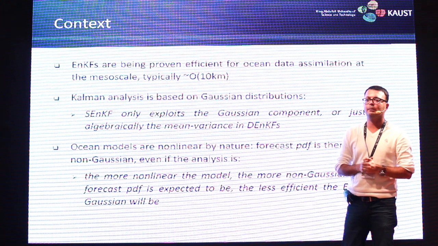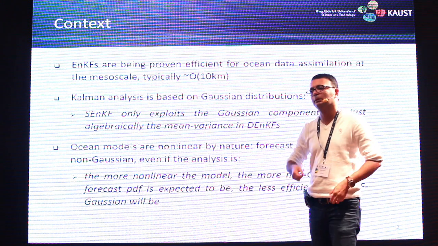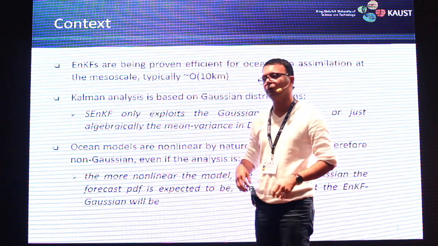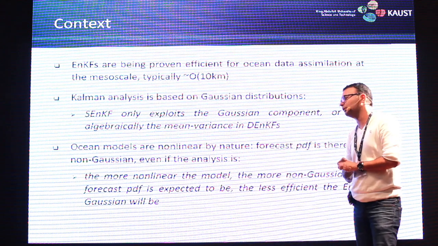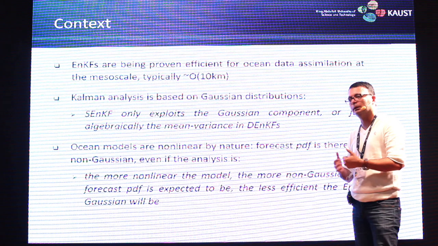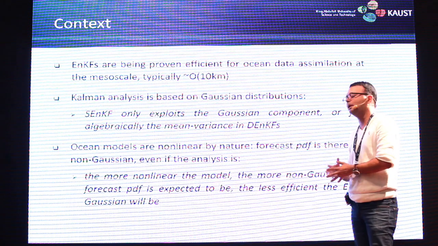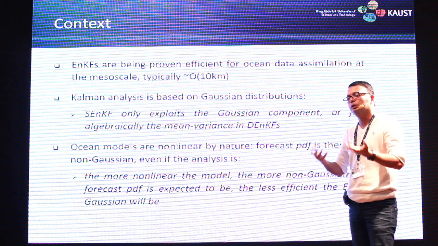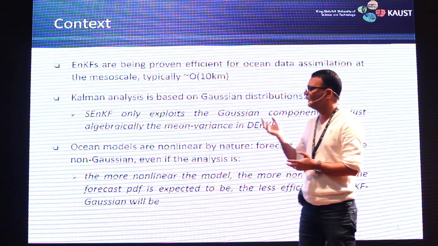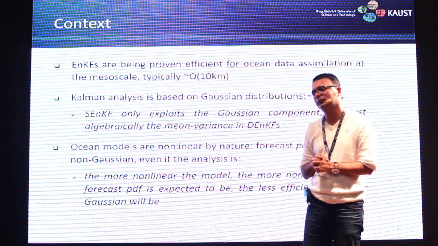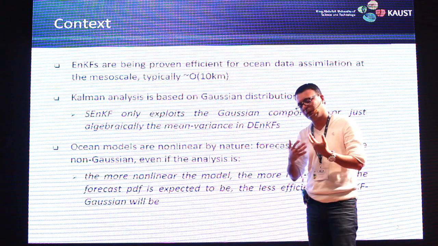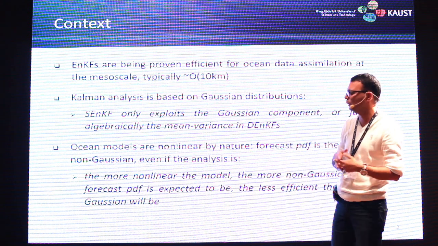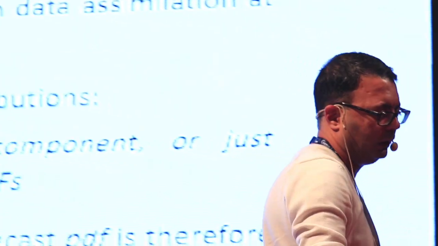The ocean models are becoming more and more nonlinear, and with high resolution, with data observing at the kilometer scale, we're seeing more and more scales that are nonlinear. So the distribution will become more and more non-Gaussian. The question that is not clear yet is whether the ANKF will be as efficient at these scales. On the other hand, we are also trying to see if we can improve upon the Gaussian assumption.